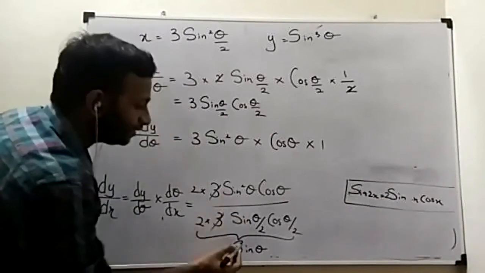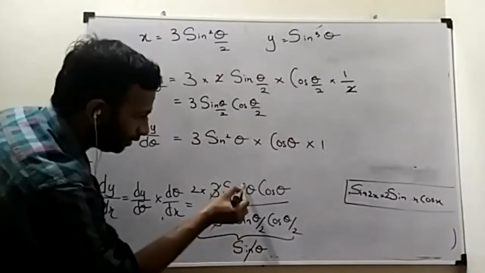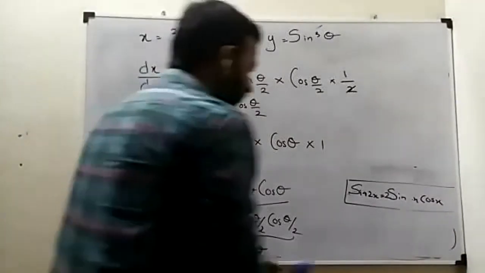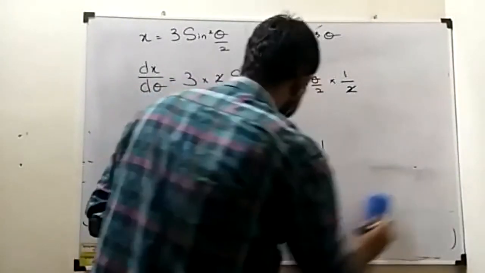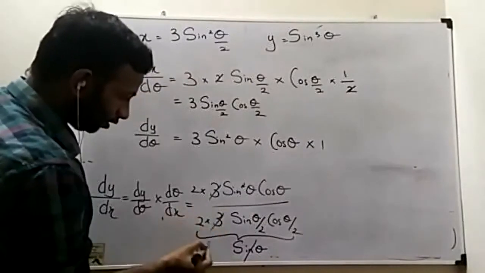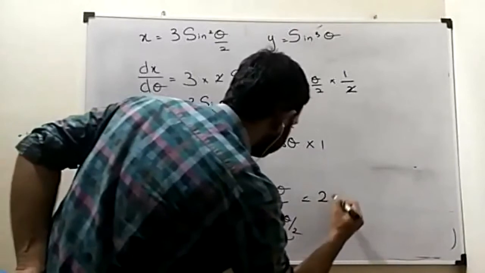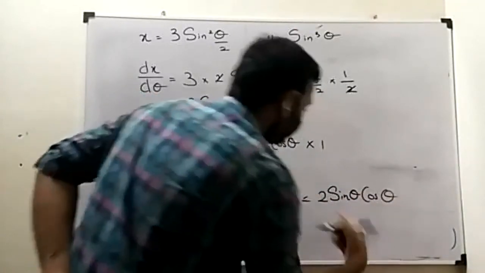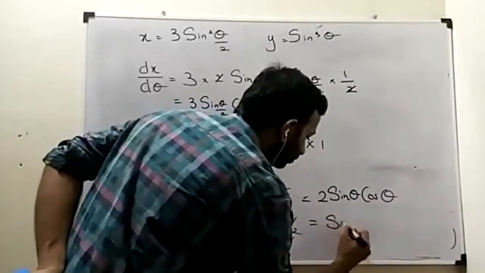Now can we cancel this off with something in the top? Yes, sine theta and the square can be cancelled. So 3 cancels off, and what is remaining is 2 sine theta cos theta, and from the same sine 2 theta formula I said before, we can write this as sine 2 theta.